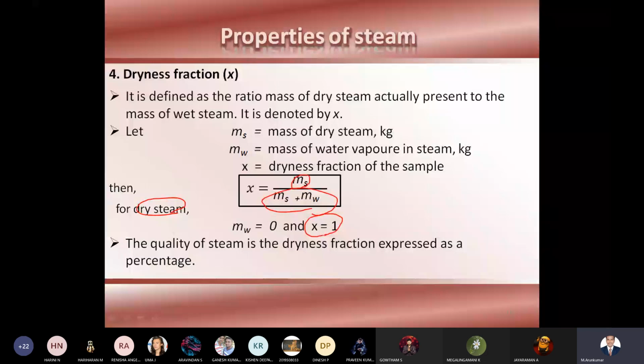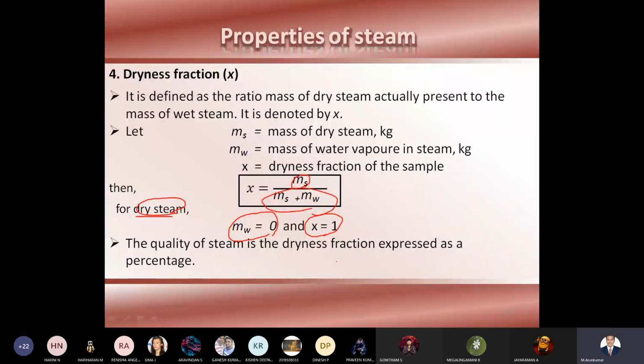So there will be x is equal to 1 and there is no water, mw, there. This dry steam will occur on the saturation vapor line, right? So at that point we can have mw 0 and x 1.